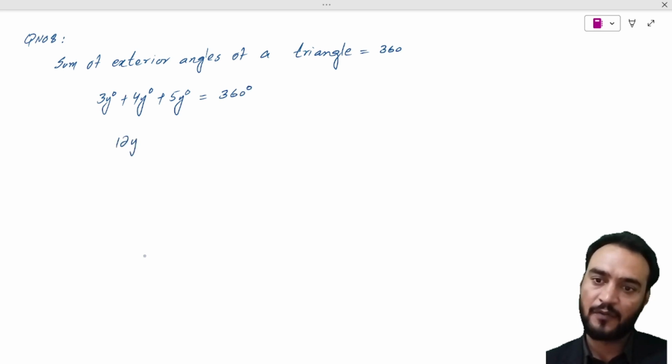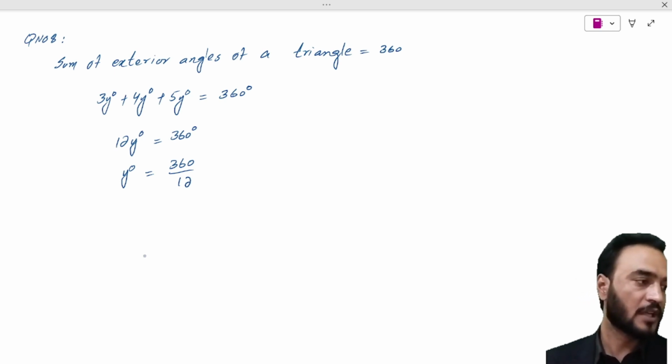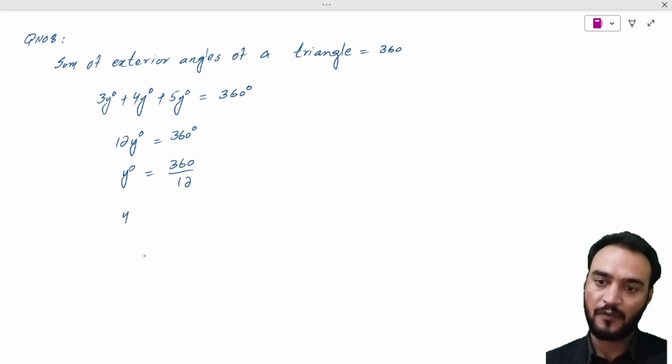We have 12y degrees equal to 360 degrees. Adding these values and dividing by 12 on the right side, 360 over 12, we get 30 degrees. The value of y is equal to 30 degrees.